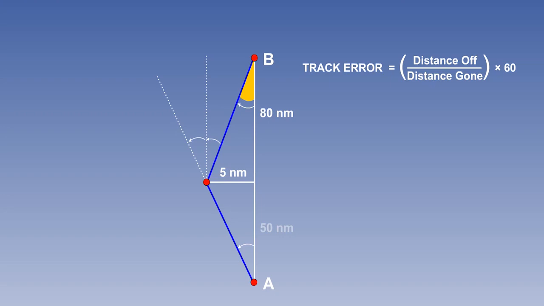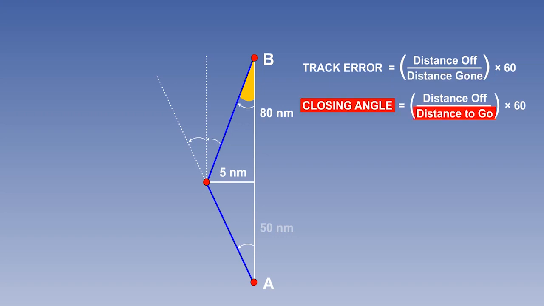The closing angle is highlighted on the screen. Instead of distance gone, we can use distance to go. So the closing angle is 5 divided by 80 times 60. The answer is approximately 4. By turning right another 4 degrees, we will be tracking towards the destination.